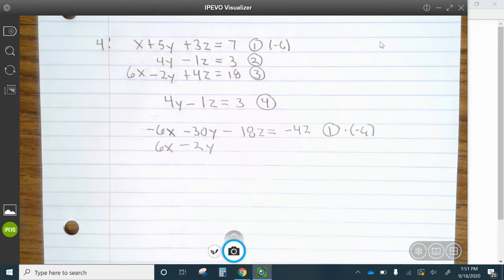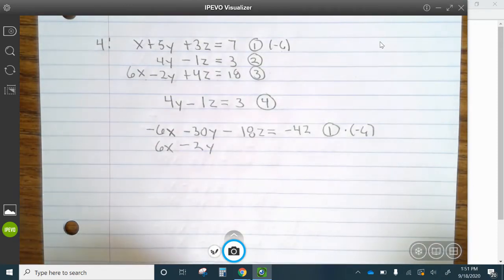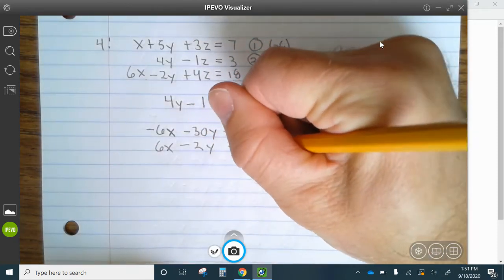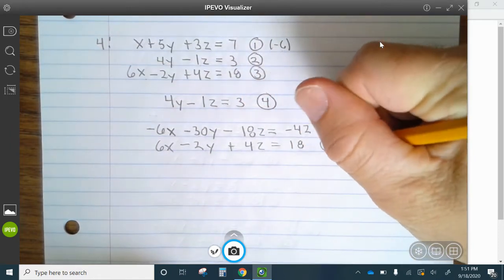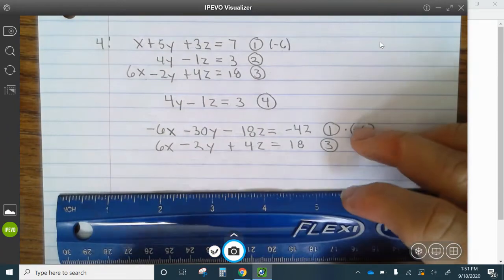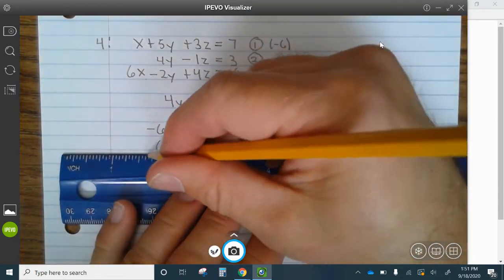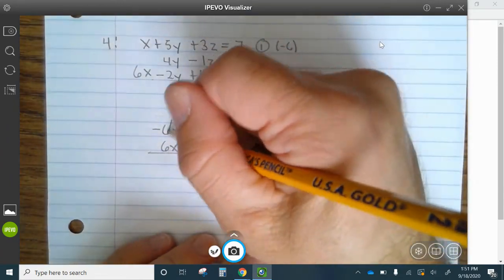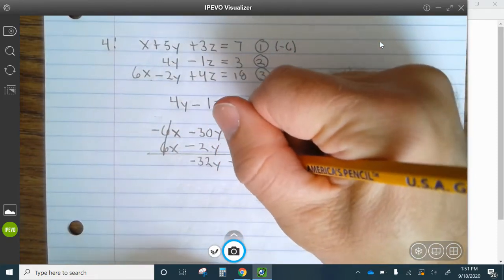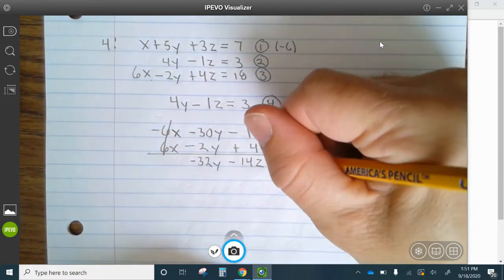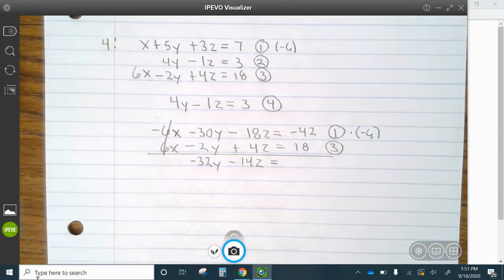Okay, so we know the x's cancel. You're left with negative 32y minus 14z equals, I'd have to check what negative 42 and 18 combined to be, so negative 24, so that's equation 5.